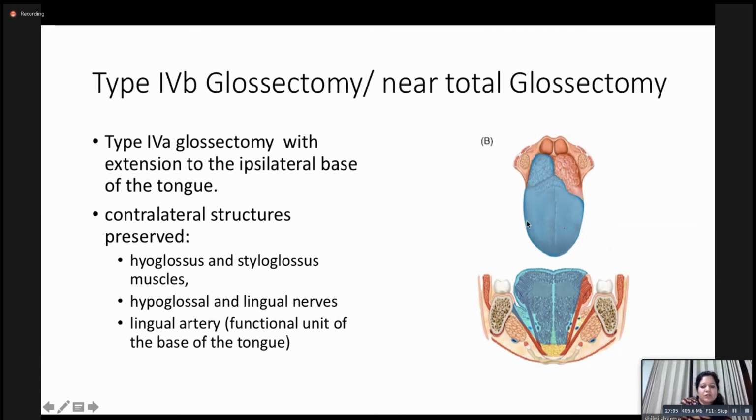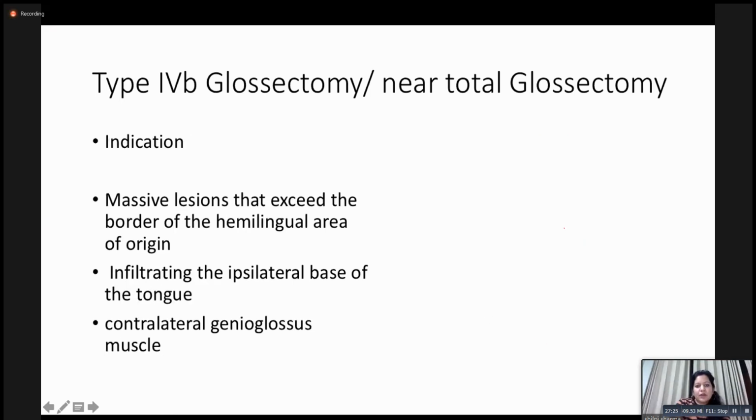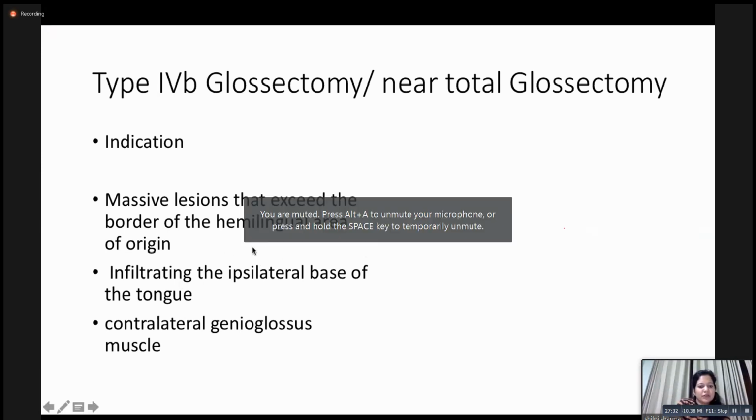Again, a tumor starting from one side, crossing the midline, involving almost the whole of the tongue, but where the opposite base of tongue can be preserved after taking an adequate margin, may qualify for near total glossectomy. Here again, on the opposite side, you may preserve the hypoglossal nerve and lingual artery. So it is indicated in massive lesions, as I mentioned, going on to the opposite side.